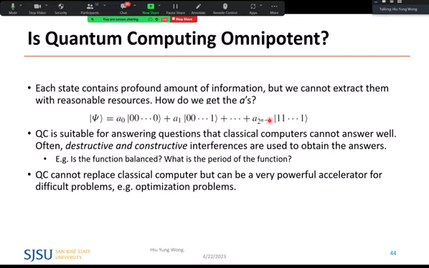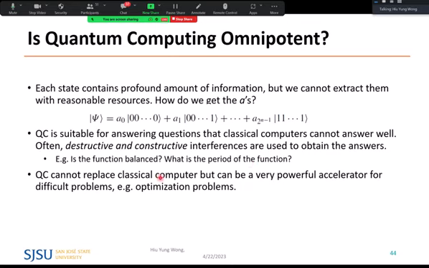Then what should we do? We need to use constructive and destructive interference, or some smart algorithm that uses this interference so that it tells us the answer that we want. For example, in the function balance question, or in Shor's algorithm, finding the period of the function, we use this to solve some very difficult problems in classical computing.